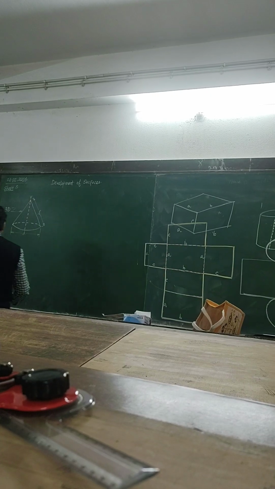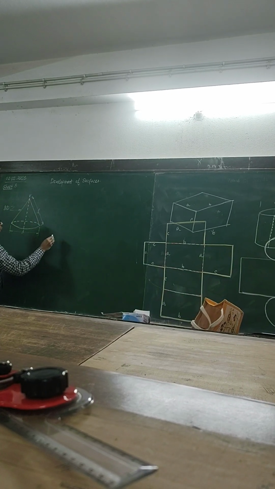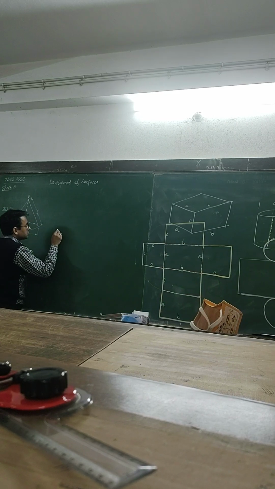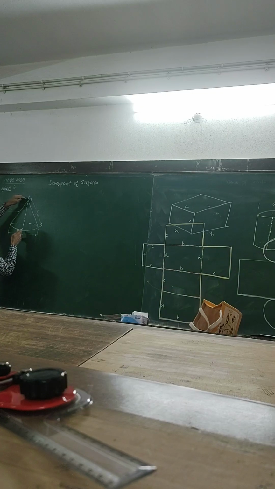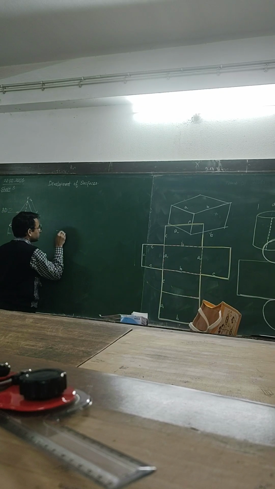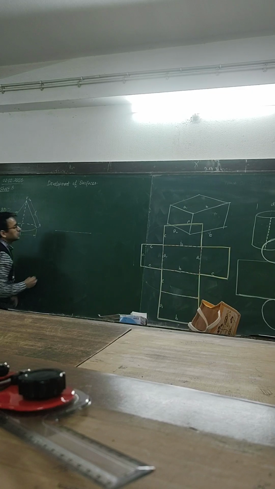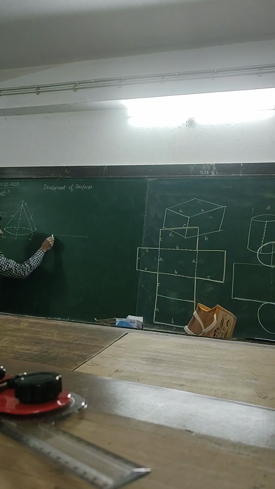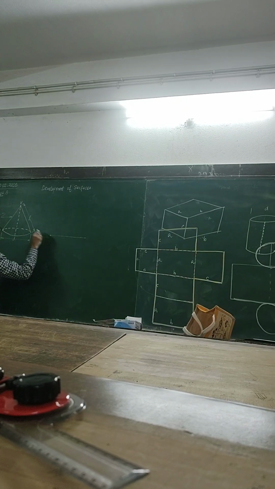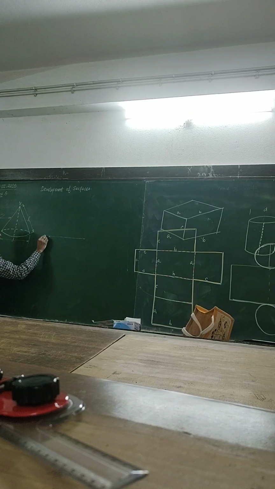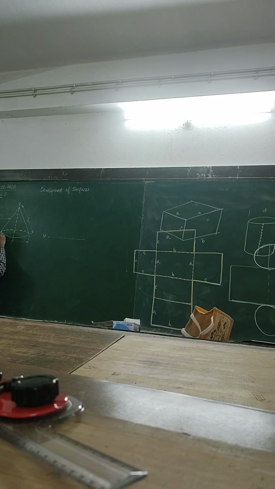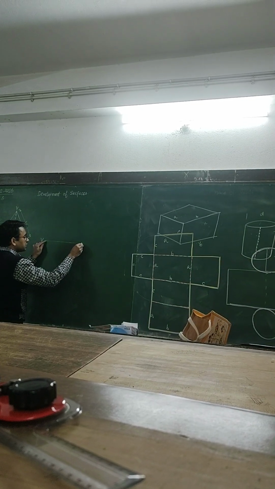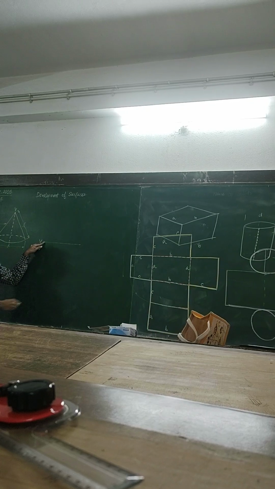Therefore, we will first draw a line the same as this one. Next, I know that from this vertex, all points on this will be equidistant. The only geometry which has this feature is a circle.